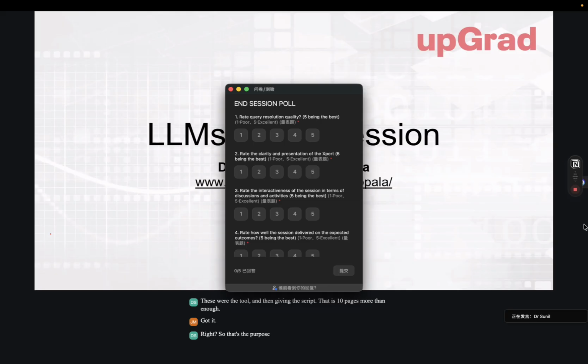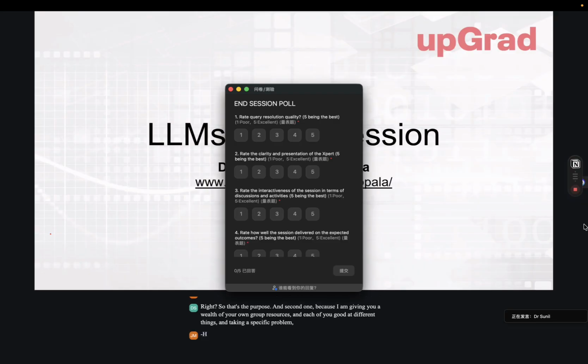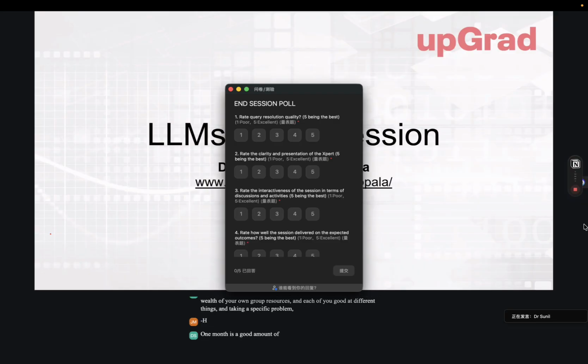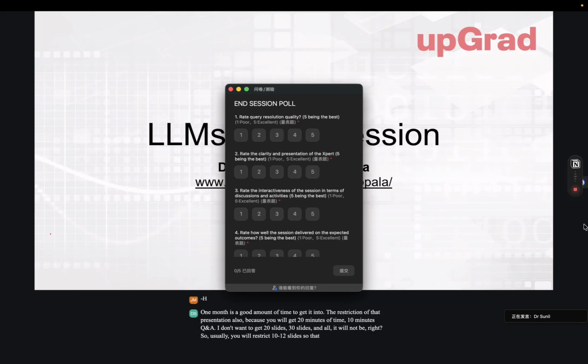And for the second one, I am giving you a wealth of resources, your own group resources, and each of you is good at different things, taking a specific problem; 1 month is a good amount of time. The restriction on the presentation is also because you will get 20 minutes of time, 10 minutes Q&A. I don't want 20 slides, 30 slides. Usually you will restrict to 10, 12 slides so that you present effectively.